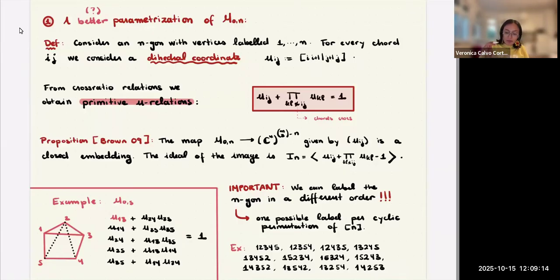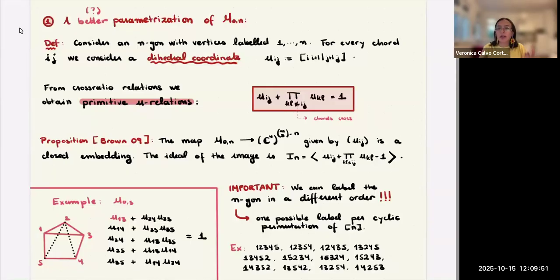But let me tell you one more thing: I actually don't have only one dihedral parametrization, strictly speaking. At this point, I chose to label my n-gon in a very particular way, with the ordering 1, 2, 3, 4, 5. But I could have labeled this n-gon completely differently. I could have chosen any cyclic permutation of 1 to 5, and then I would have gotten different cross ratios, different U variables with similar relations.